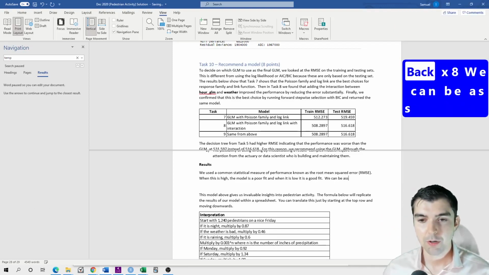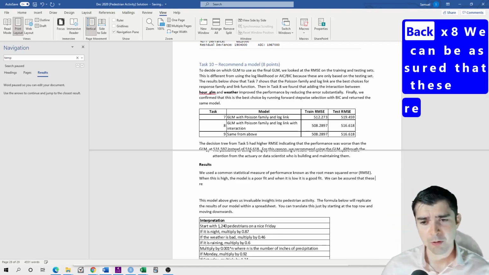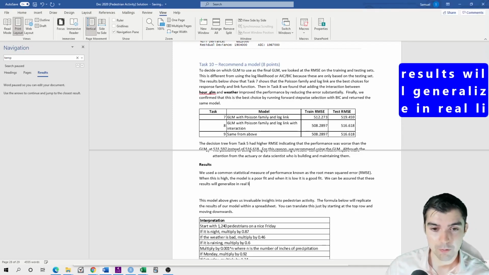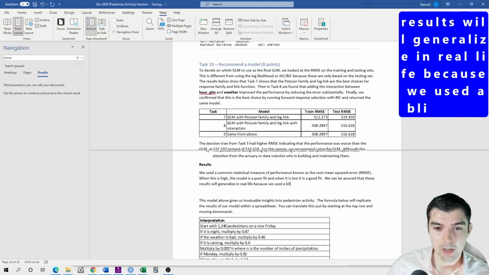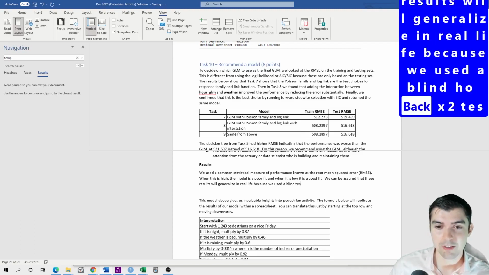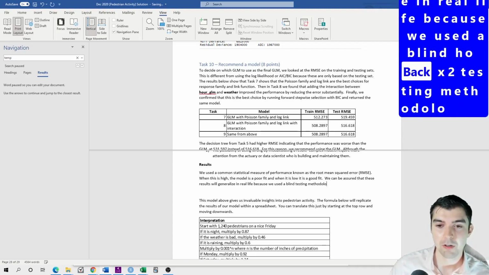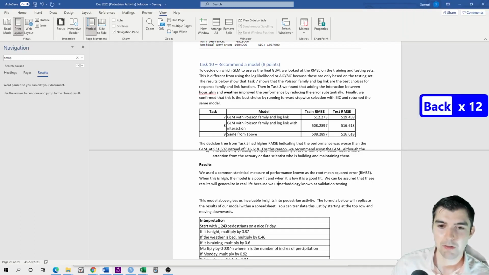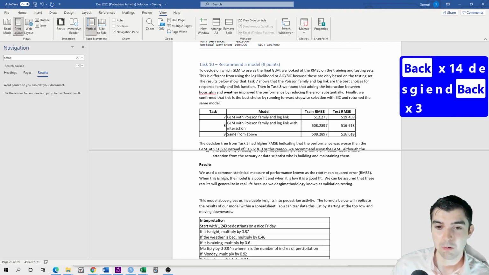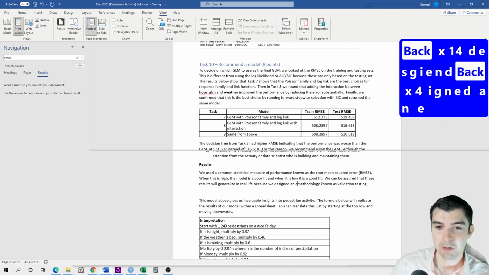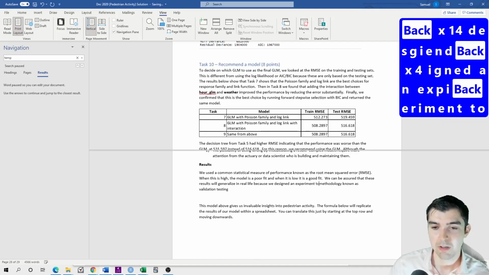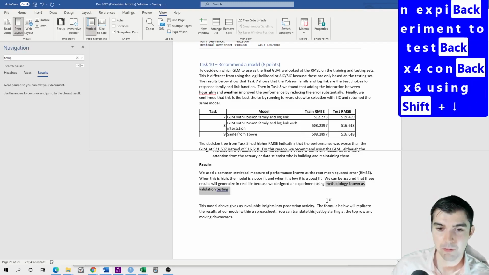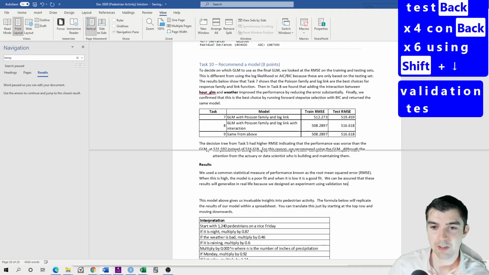We can be assured that these results will generalize in real life because we used a blind testing methodology known as validation testing. We designed an experiment to confirm using validation testing.